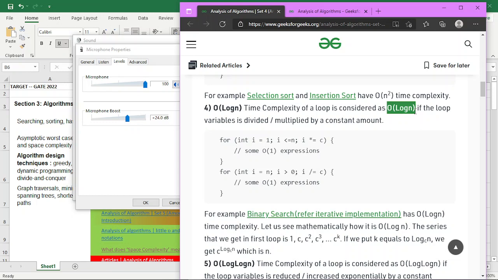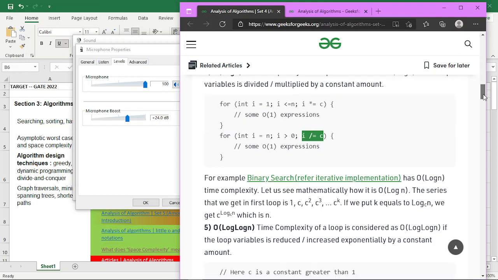Both are valid, because in general we consider the worst case only, and people understand from that. So this will give us log n complexity, either multiplying or dividing by some constant, like decreasing the loop or incrementing the loop.